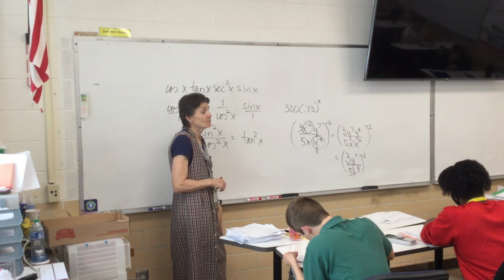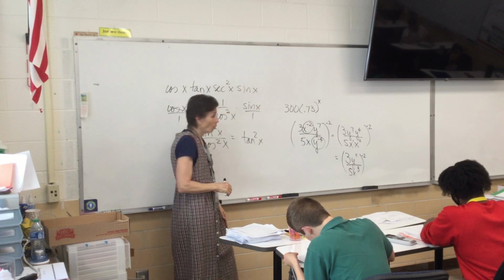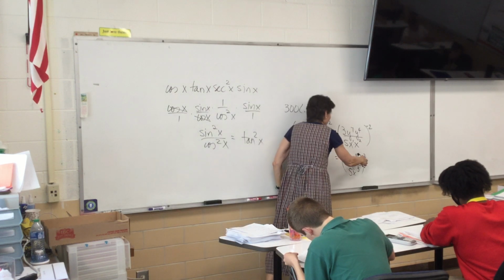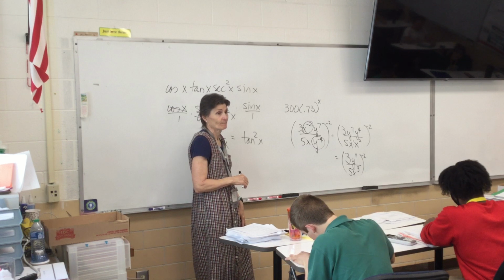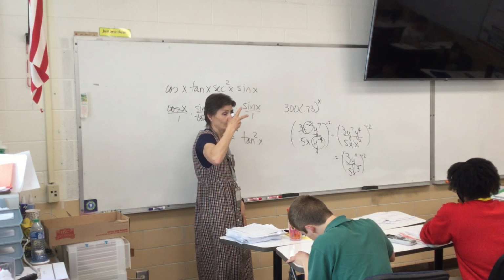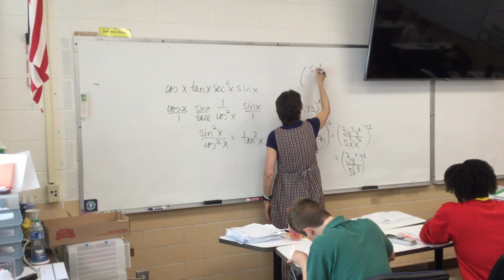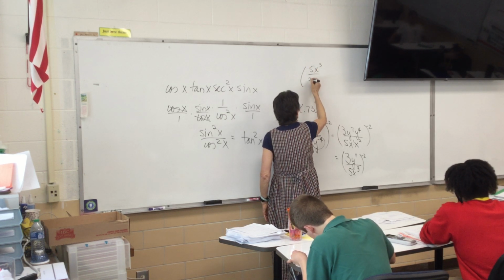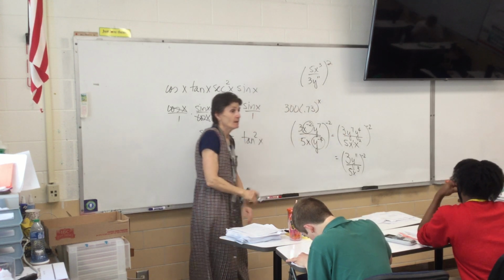You have a -2 on the whole fraction. What does a negative number on a whole fraction do to the fraction? Flips it. So this becomes 5x cubed over 3y to the 11th, and then it's just a +2.